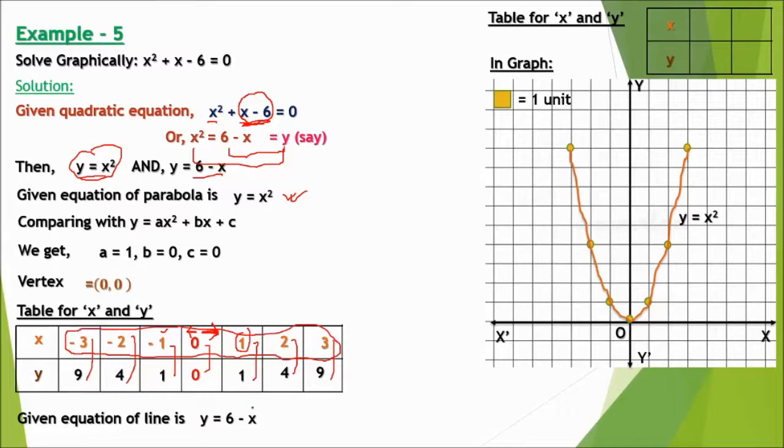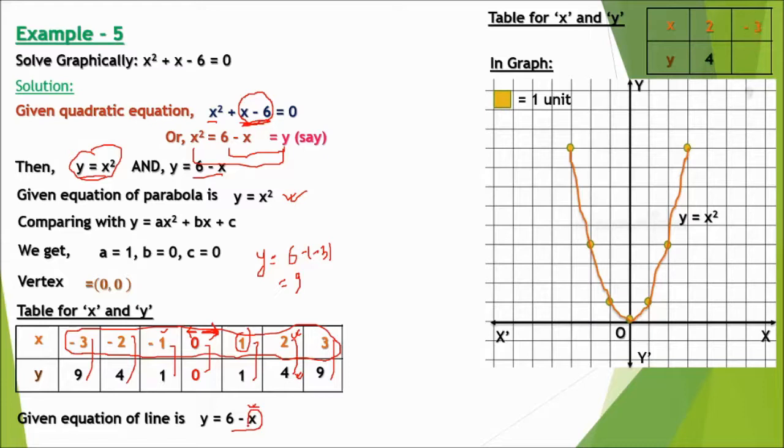So first, if we try minus 3 here, then what are we going to get? Y equal to 6 minus minus 3. We get 9, isn't it? So our first point is minus 3, 9. There is 2 also. If we put the value of x as 2, then we get the value of y as 4. So we can take 2 and 4, and another will be minus 3, 9.